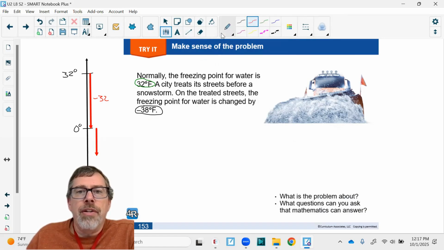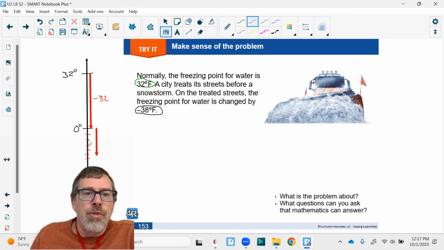Okay, so this is negative 32 degrees. And then this is 33, 34, 35, 36, okay, 37, 38. So 1, 2, 3, 4, 5, 6. All right. I will go over that one more time.